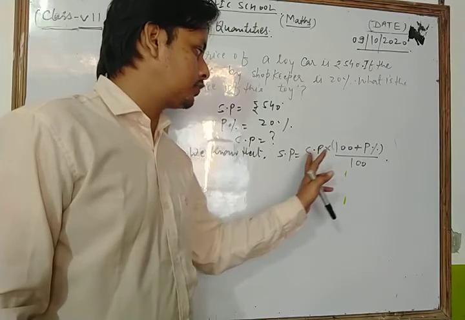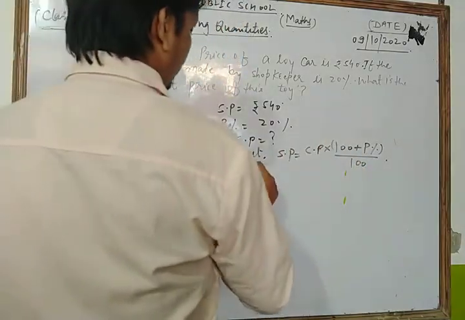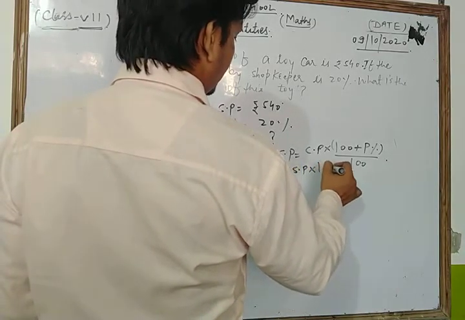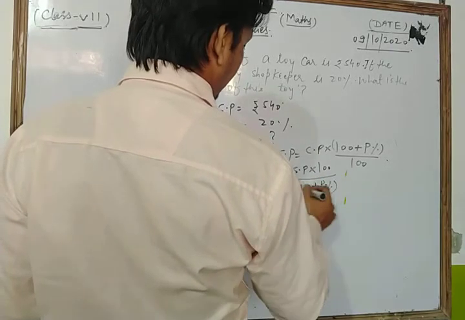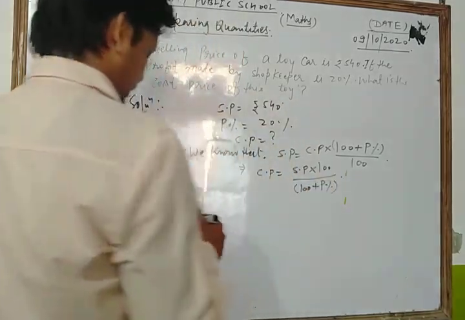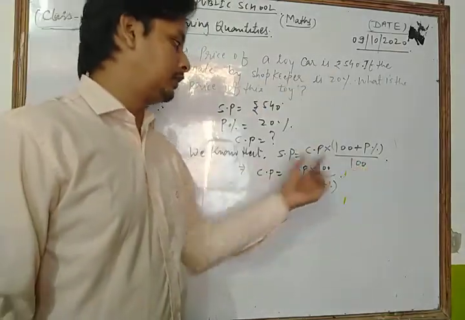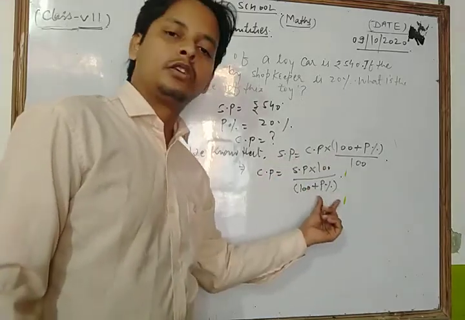Now from there, the cost price of that object is equal to selling price into 100 upon 100 plus profit percent. By the help of this formula, the cost price of that object is equal to selling price into 100 upon 100 plus profit percent.